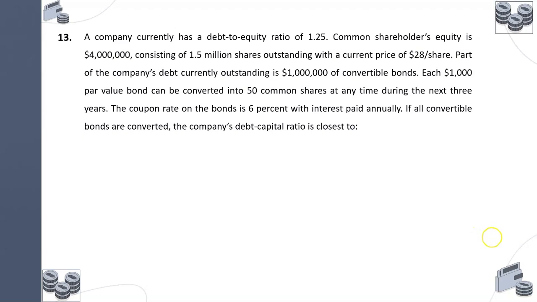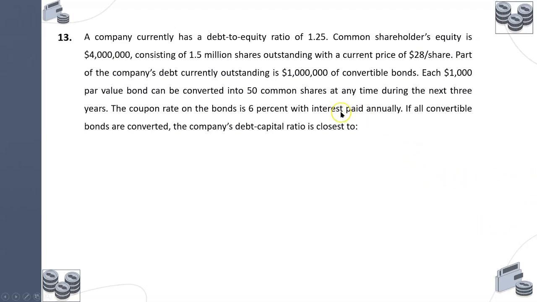Each $1,000 par value bond can be converted into 50 common shares at any time during the next 3 years. The coupon rate on the bond is 6%, with interest paid annually. If all convertible bonds are converted, the company's debt-to-capital ratio is closest to, and then we will get some answers.